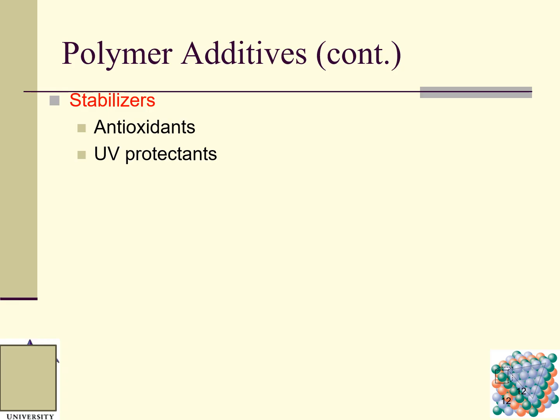Stabilizer. Stabilizer means that you make the polymer molecules stable. For example, antioxidants, so the polymer can withstand oxidation. And UV, ultraviolet protectants.